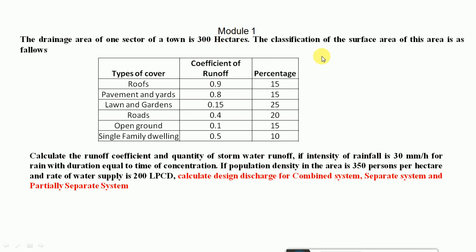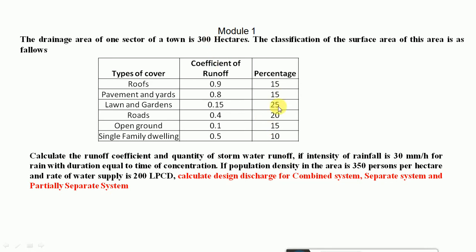The classification of the surface area is as follows. Out of these 300 hectares, it is further divided into roofs, pavements and yards, lawns and gardens, roads, open ground, and single family dwellings, with their respective coefficients of runoff and the percentage of the area out of the total 300 hectares.